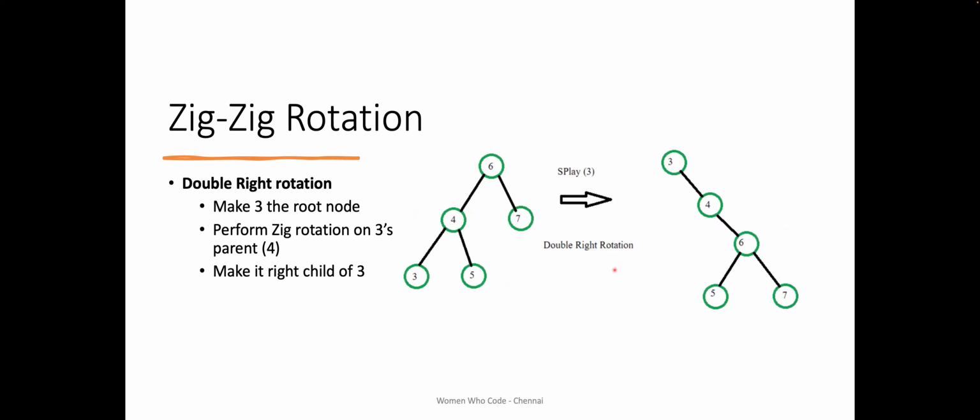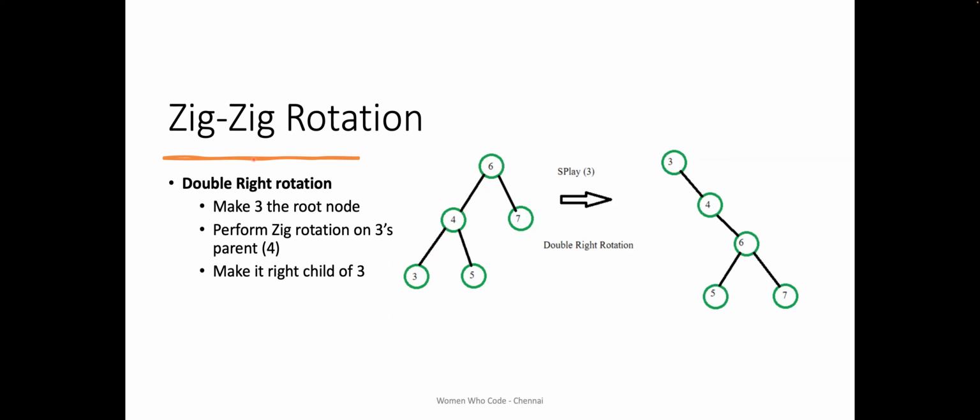Now the combinations are zig-zig, zig-zag, and all the four. I'll just give a high level overview of zig-zig and one more. Okay, so in this case, when I have to splay 3, can I use just a simple zig? It won't work, right? Because it is at a very high level. I cannot directly make 3 the root and do all the other operations.